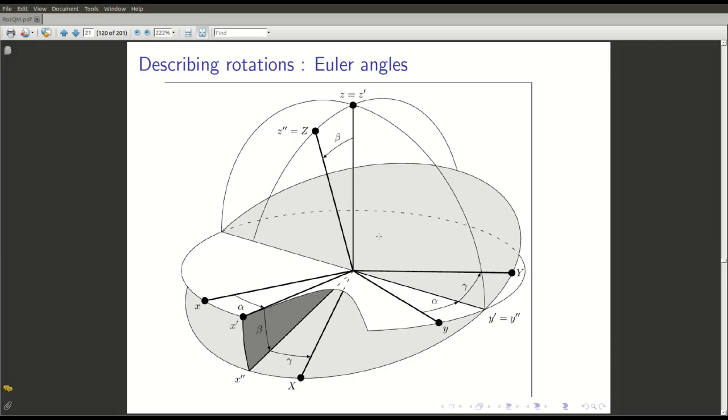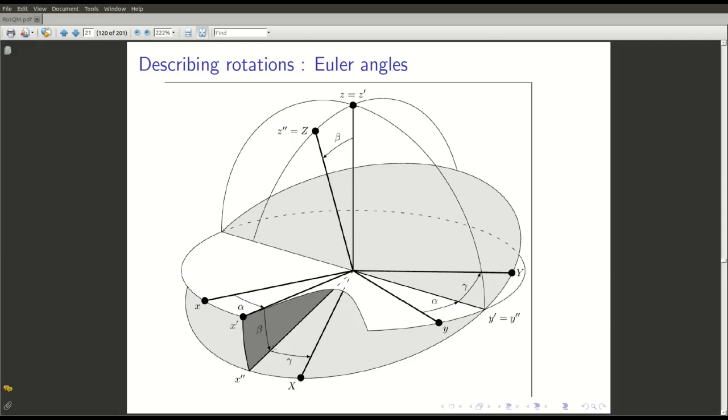That is, once I rotate through an angle beta about the y prime axis, the z-axis, which was the same as the z prime axis, after all it did not rotate in the first step, is now moved to this new position z double prime, which is the same as capital Z. Of course, in the process, the y prime axis stays unchanged, so y double prime is the same as y prime. The x prime axis, of course, moves to x double prime here, so it goes down through an angle beta.